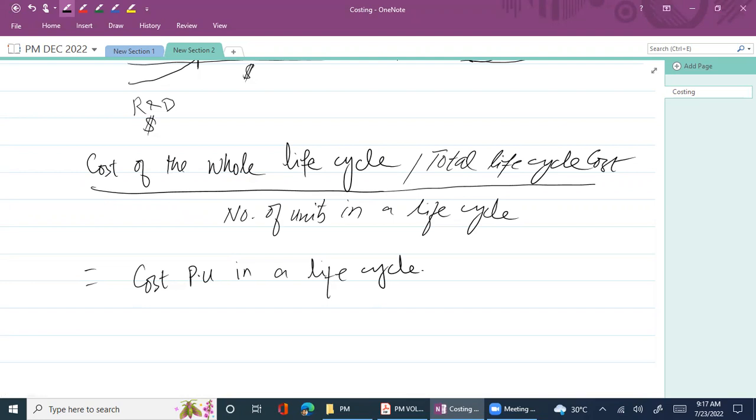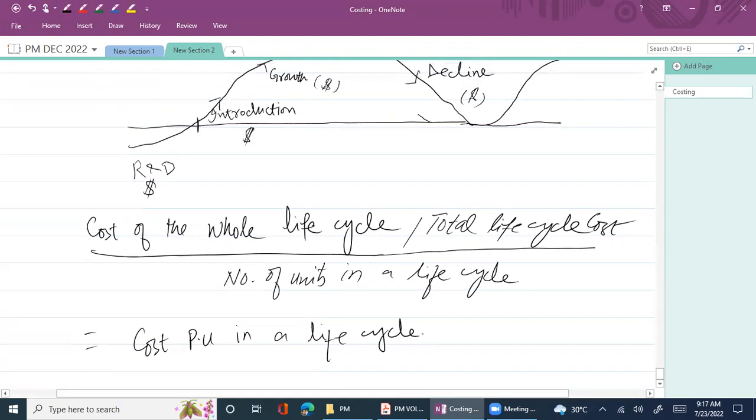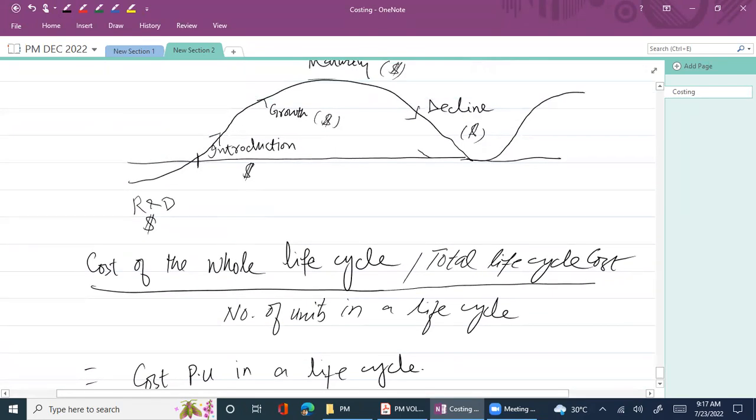In which industry is this concept suitable? Basically, this concept is more suitable in an industry in which the products usually have a shorter lifespan, and a lot of expenses are incurred mostly in the research and development phase. Just to apprise you, take the iPhone: a lot of expenditure is incurred in the research and development phase.